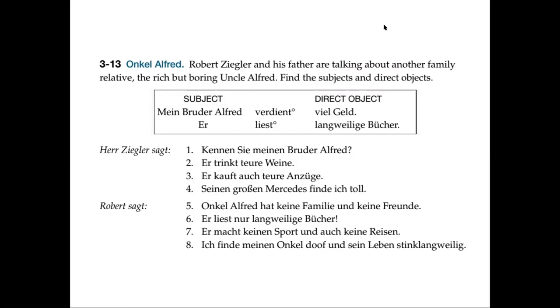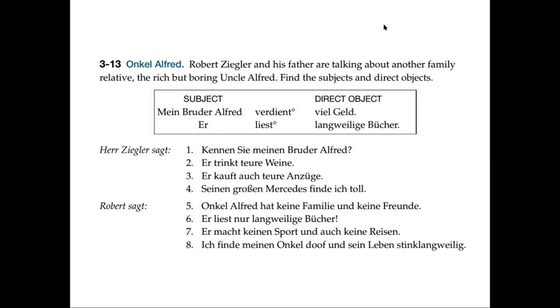And if you recall, when it comes to family members, our boyfriends, so on, our textbook likes to have people with very differing opinions about the same individual. So in this case, we're hearing from Robert Ziegler as well as his father, and they're both talking about his father's brother, or Robert's uncle, Onkel Alfred.